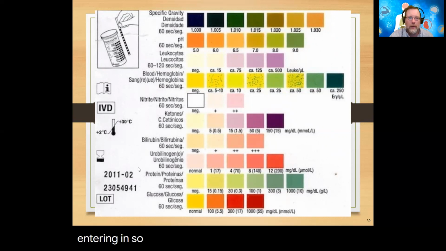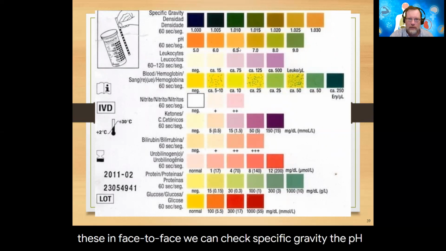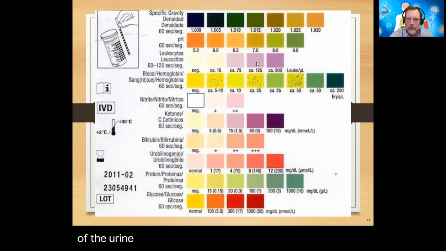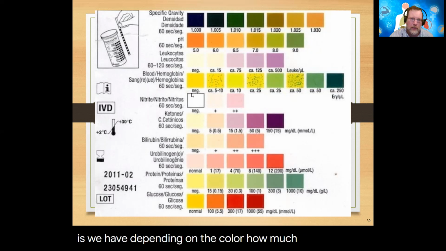So anyway, I put this in here as a dipstick. We do these in face to face. We can check specific gravity, the pH of the urine, leukocyte activity. There shouldn't be white blood cells. There shouldn't be any blood in the urine. Okay? If there is, we have, depending on the color, how much.